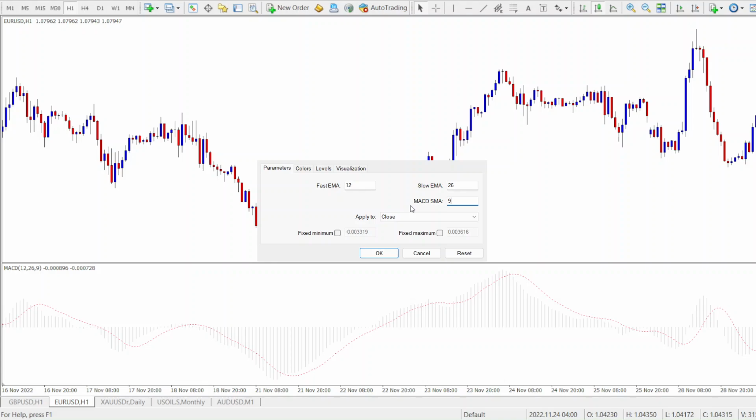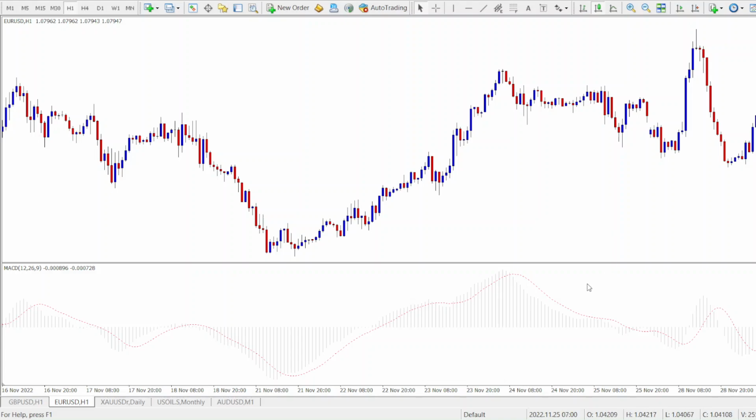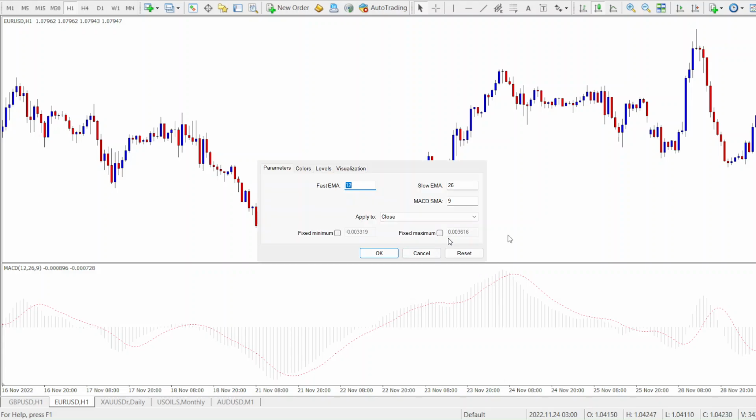Depending on your trading style, whether you are day trading, swing trading, or position trading, these settings can be tweaked for better accuracy. So let us break it down. If you are a short-term trader, like a day trader, you want faster signals.